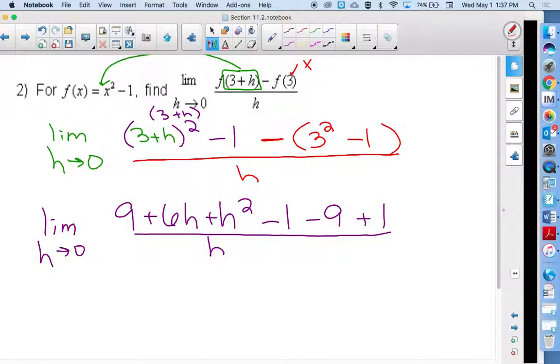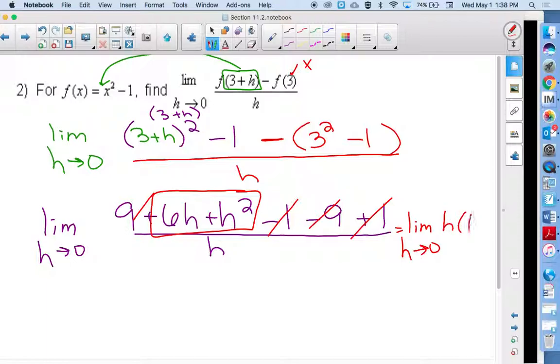So Brandon, what happens with almost all these problems? All the numbers that don't have an h with them cancel, and you can factor out an h from 6h and h squared. So the numbers that don't have an h have positive and opposite terms. So positive and negative 9, positive and negative 1. The pieces that remain should have an h in common so that we can factor that out.